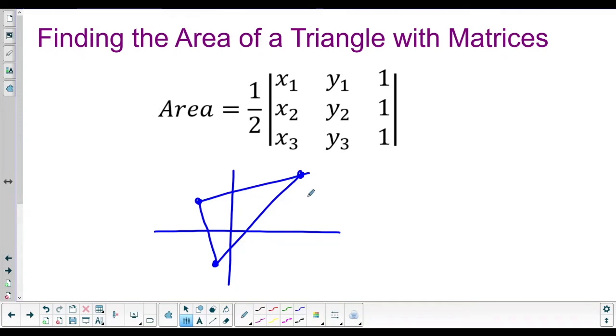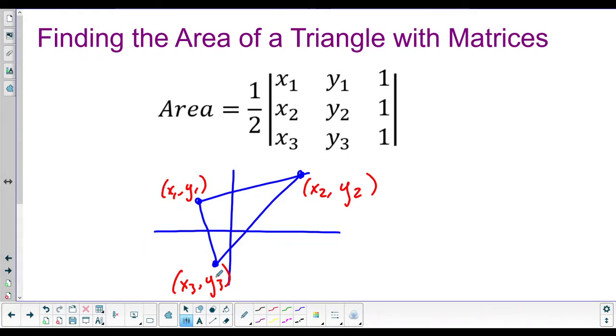So if this ordered pair is x1, y1, this one is x2, y2, and this one is x3, y3, which one's 1, 2, and 3 does not matter at all. Just pick them and be consistent, though.